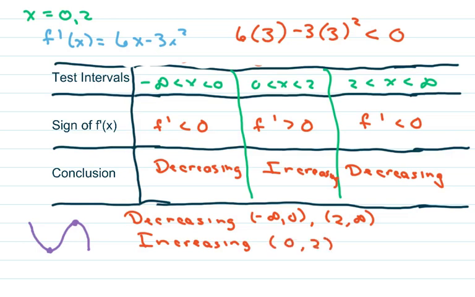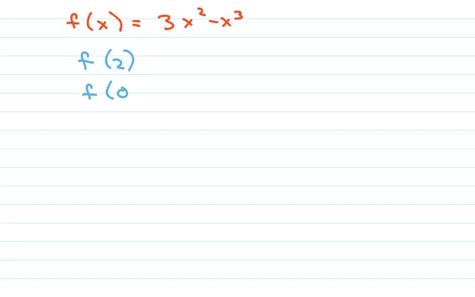So now I'm going to use my critical numbers and plug them into my original equation to find where the relative extremum is. So my original equation again was f of x equals 3x squared minus x cubed, and we're going to be plugging in f of 2 and f of 0.